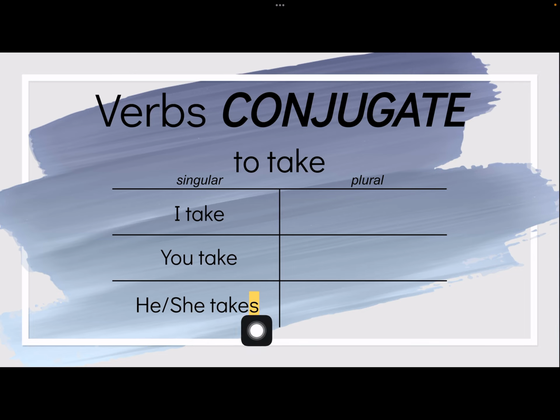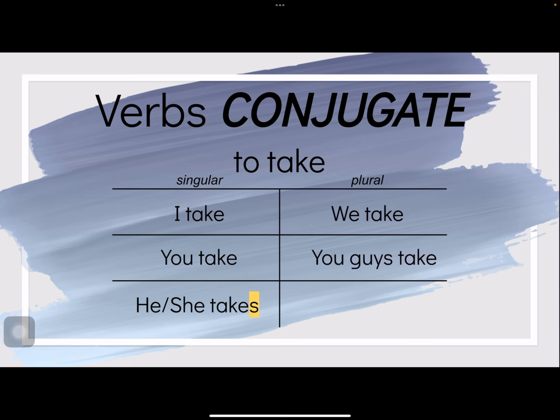It does change here and adds an S. It's just an example of like we do conjugate verbs. And then plural, first person plural, we take. Second person plural, you guys take or you all take. Some in the South they'll say y'all take. And then they take would be third person plural.